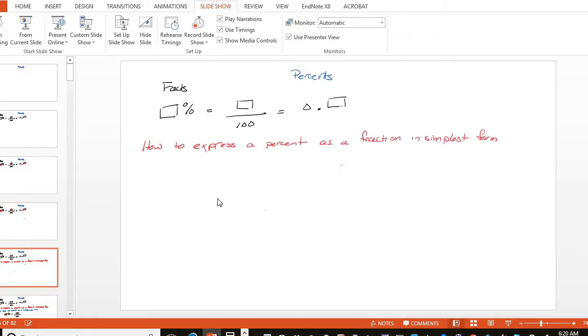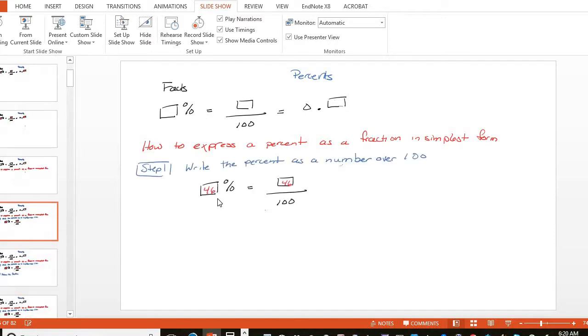So the first kind of question you can get is how to express a percent as a fraction in simplest form. So I'm going to take that 46%. If I use the first part of this fact, that 46% is 46 over 100, the first step is to use that fact. The second step is to reduce the fraction. I've always advocated reducing fractions by breaking things up.